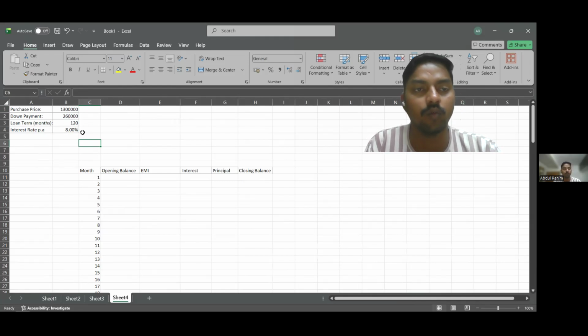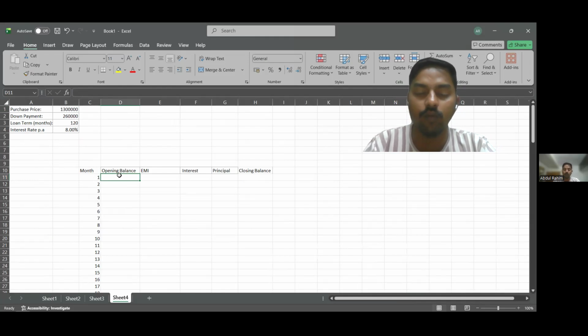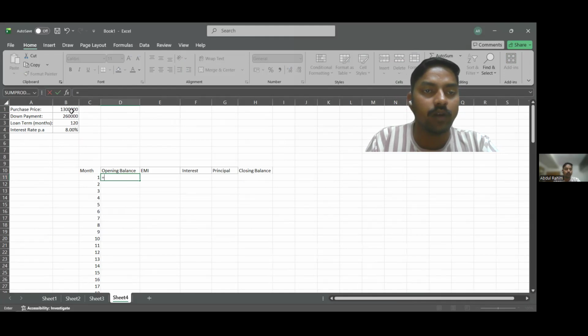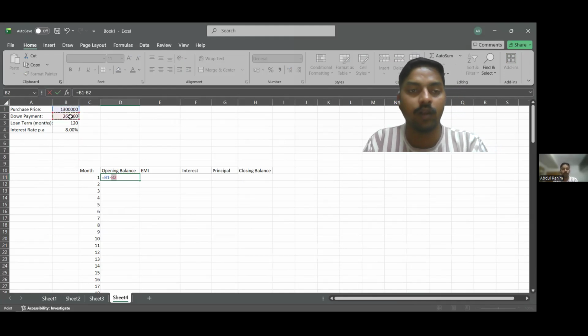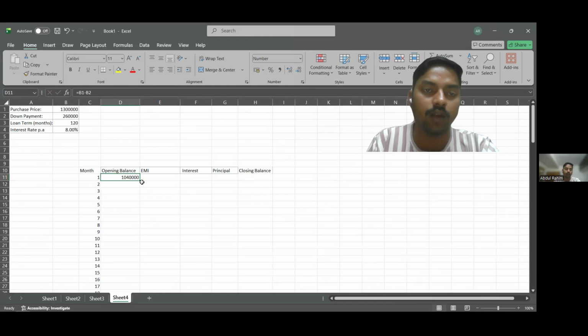The loan term is 120 months and the interest rate per annum is 8%. So first thing is opening balance. How do we calculate opening balance? The purchase price minus down payment, that is our opening balance. Also, that is called loan amount.